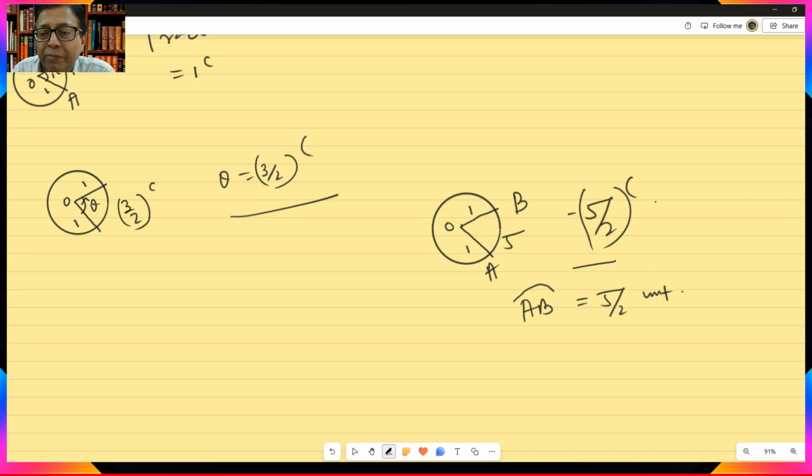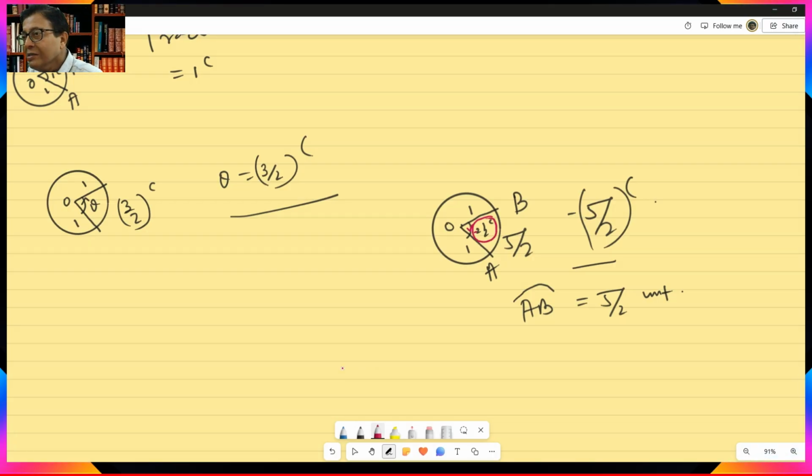Okay, this is 5 by 2. Then the angle formed here will be 5 by 2 radian or 2.5 radian, whatever you see. But if you take the sense of rotation this way, clockwise, then this angle will be actually minus 2.5 radian. Okay, just the sense of rotation. Understood?